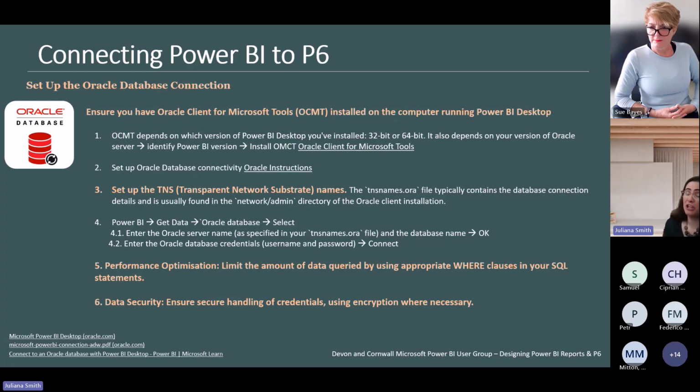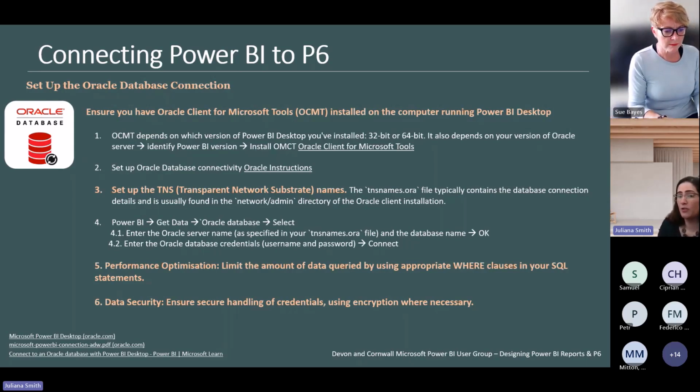Then in Power BI, you can use the get data option to connect to the Oracle database by entering the server and the database names. Then you can enter your credentials. You'll also have the option to write SQL queries to extract the data within Power BI. It's really, really good because you just have to extract the data you need, and that will help to improve your performance.